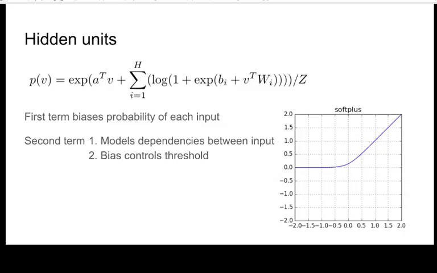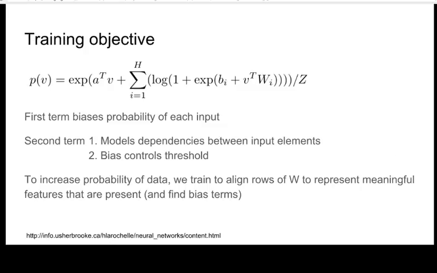Let's say we set the bias somewhere over here. Then anything above this, it's kind of like shifting the threshold of the softplus. So this is telling how important it has to be, and this is telling how much it's correlated with our weights. So again, we want to increase P(V).